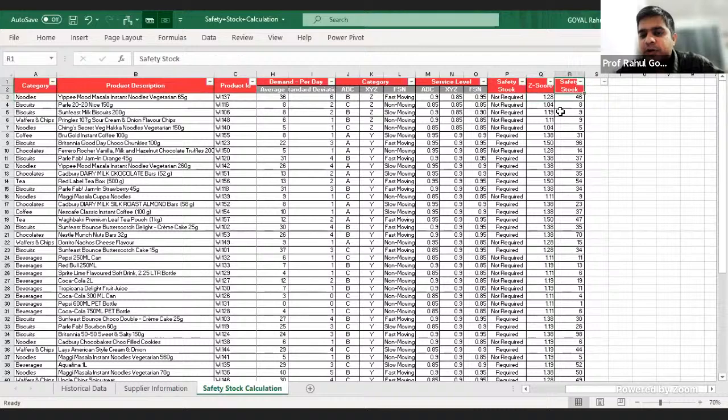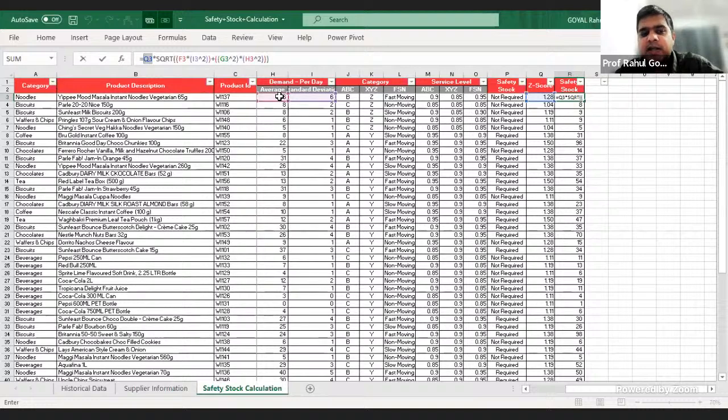And now we want to calculate the safety stock, right? The safety stock formula uses this Z score, which is our score here. And after that, we are multiplying by the square root of the average lead time into the variability in demand, right? So we have applied that formula. If you look at the highlighted columns, this is what the formula is consuming.